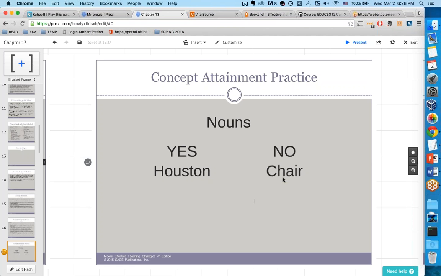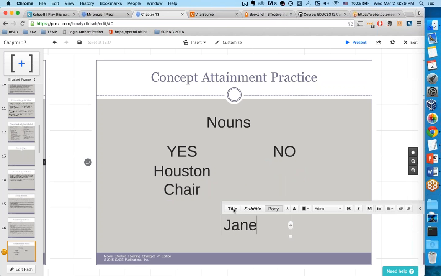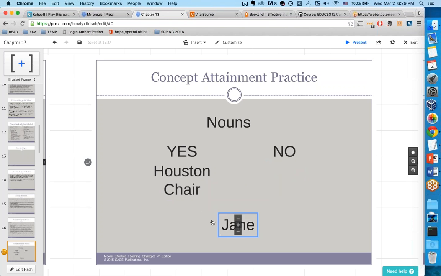Chair is a noun. Okay, someone corrected me. Let's put this under noun. All right, how about Jane? Yes, it's a noun.